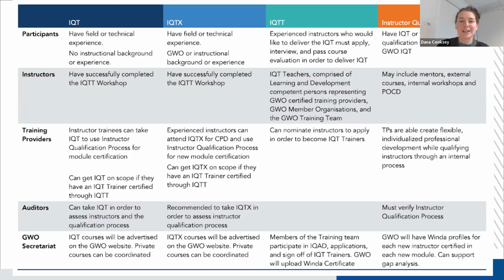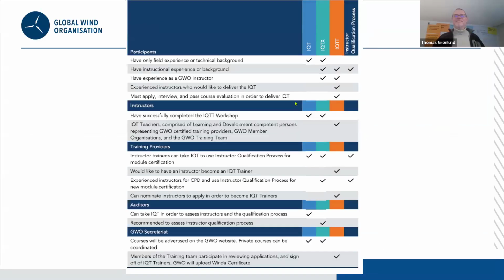And Thomas, if we go to the next one, I even made one with fewer words on it to try to break it down another way. And we're actually looking to support this on the website as well, so that you can have this end goal in mind. Who are you and what do you want? I'm a new instructor and I want to be certified in this. Where do I go?